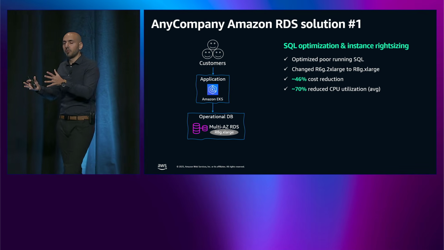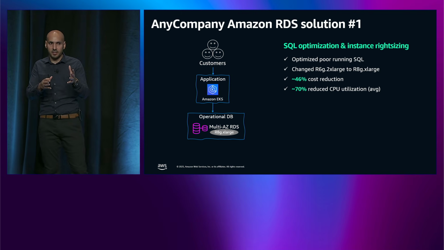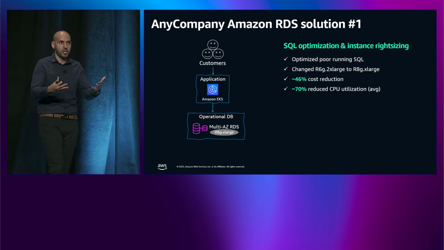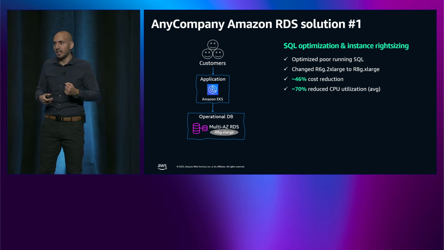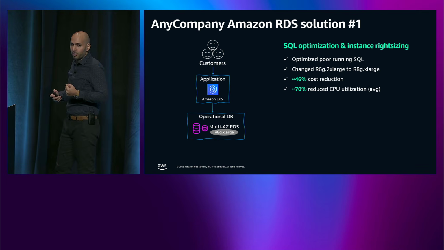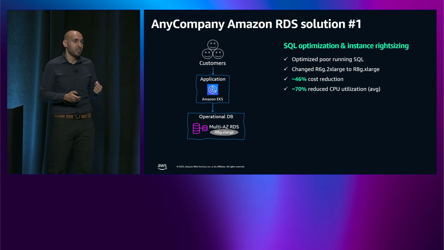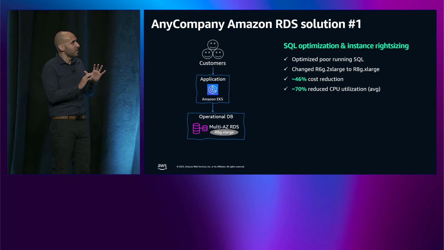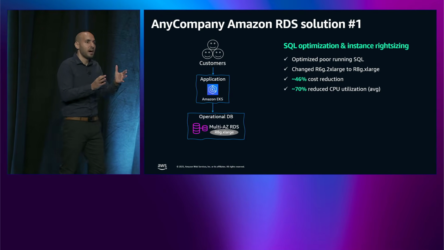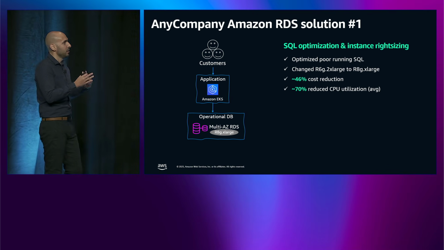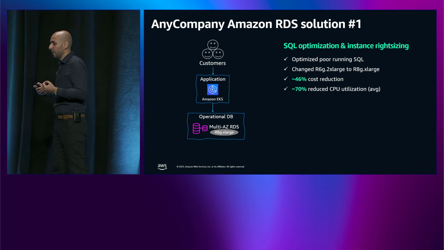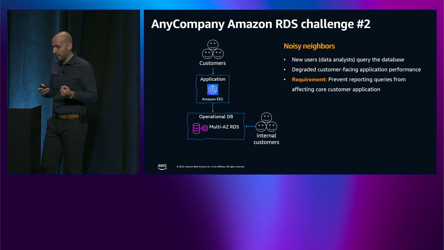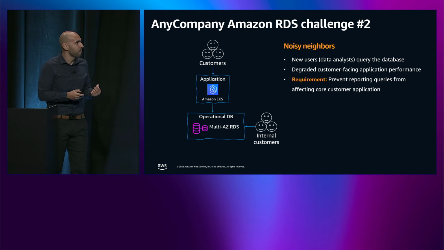By combining SQL optimization and instance right-sizing and leveraging the latest Graviton generation and Graviton innovation, I was able to reduce 46% on cost and also reduce 70% CPU utilization on average. So that was a quick example of how, using the right tools, we can identify problematic SQL, and using right-sizing, we can also be cost conscious in terms of the right instance that we're using.